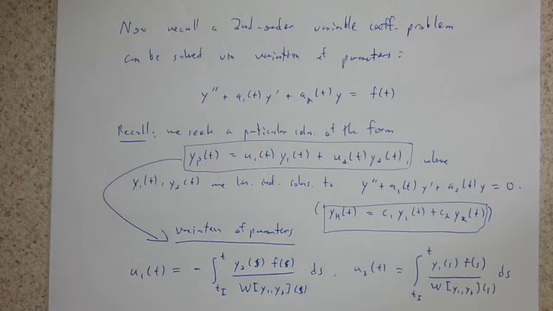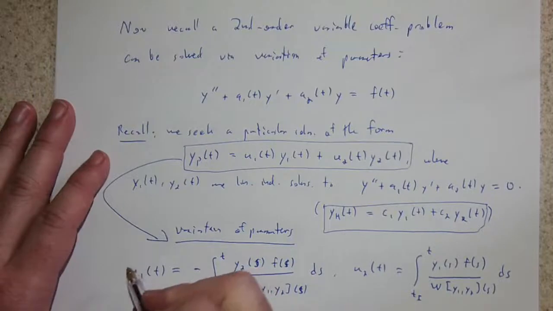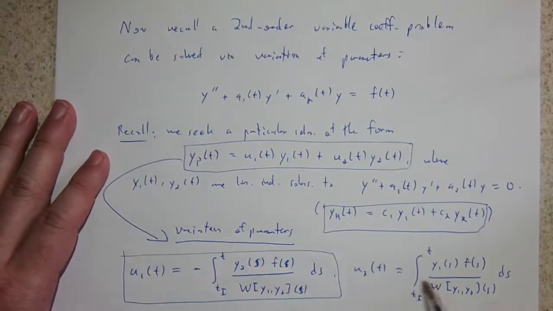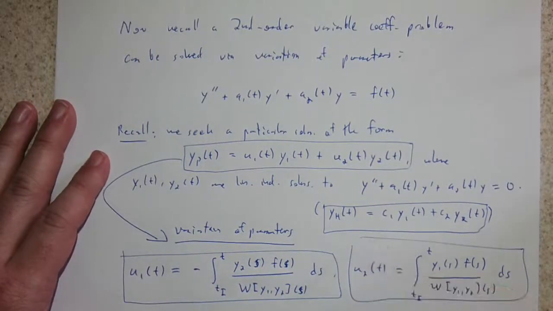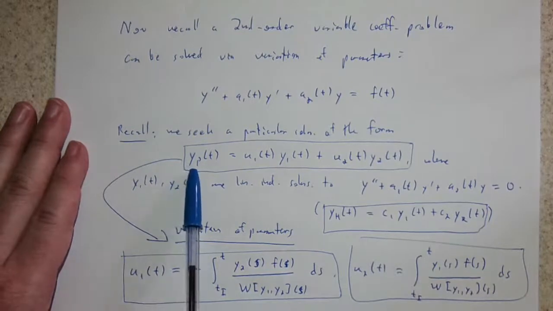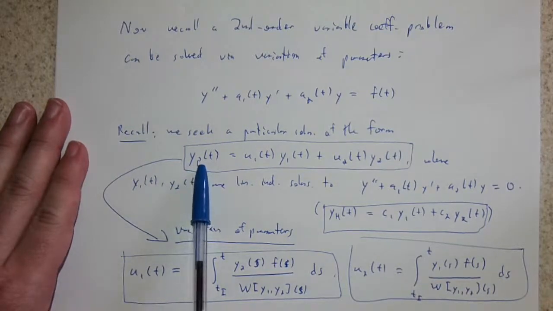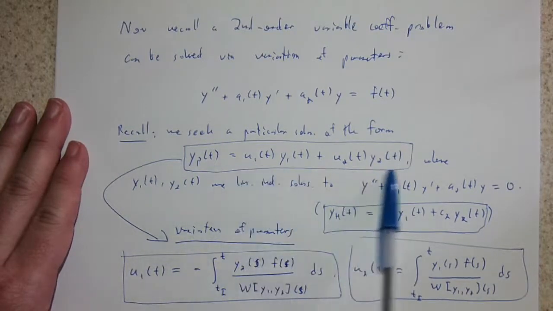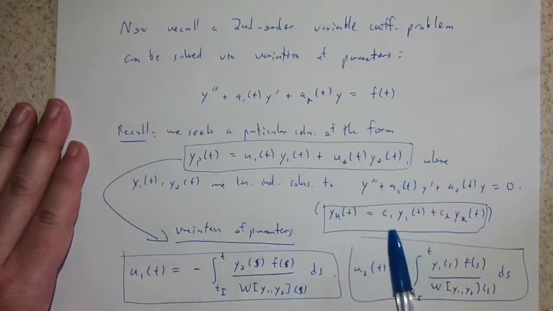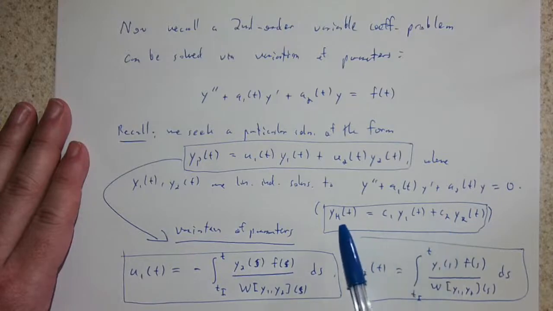And so here is the point. I want to take these two things, and recall that I want y sub p to be of this form, where I've taken the arbitrary constants c1 and c2 in the homogeneous solution and varied them, hence variation of parameters.